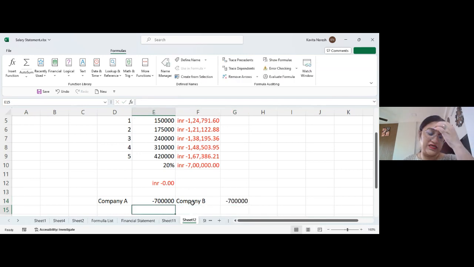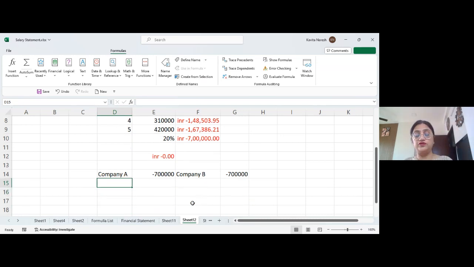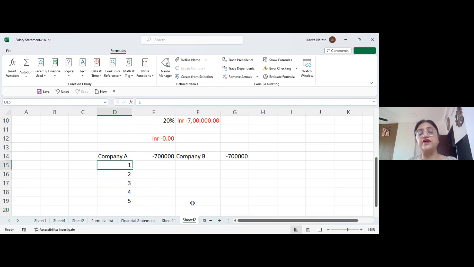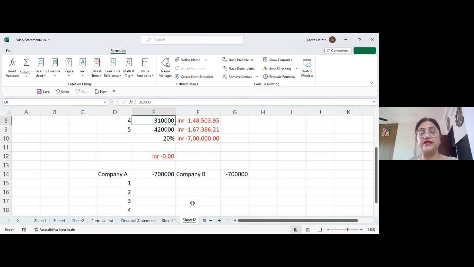But the returns of both companies have different values. Years 1, 2, 3, 4, 5.